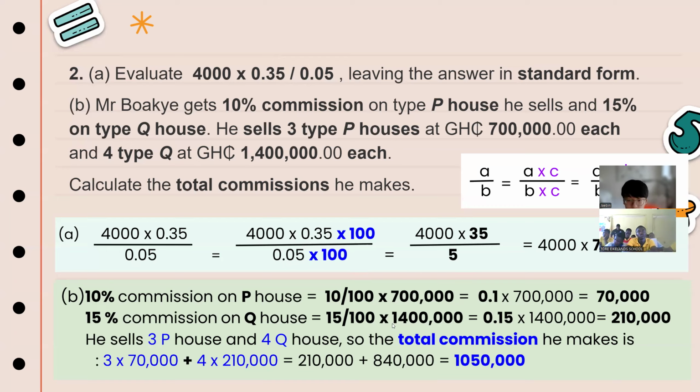So 15% equals 0.15. So 0.15 times 1.4 million is 210,000.